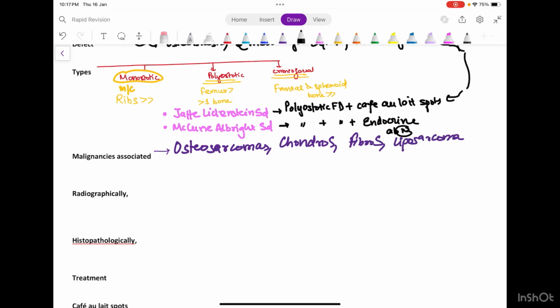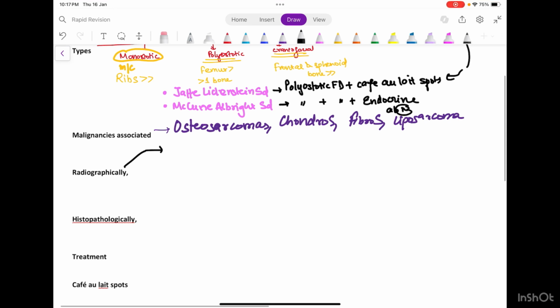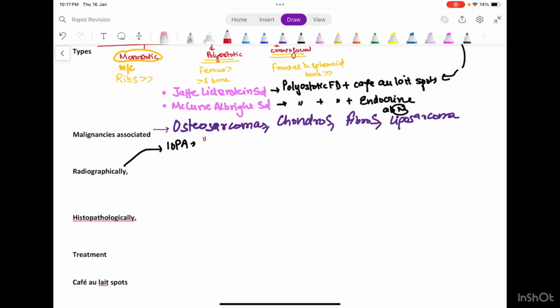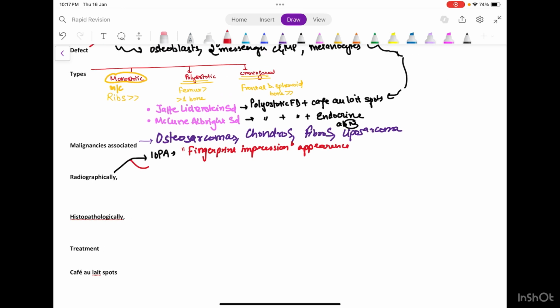Now coming on to the most important part, which is the radiographic features. Now in radiographic features, first of all, on the IOPA there is a very characteristic fingerprint impression appearance. Then there is presence of Rind sign. Now what is Rind sign?